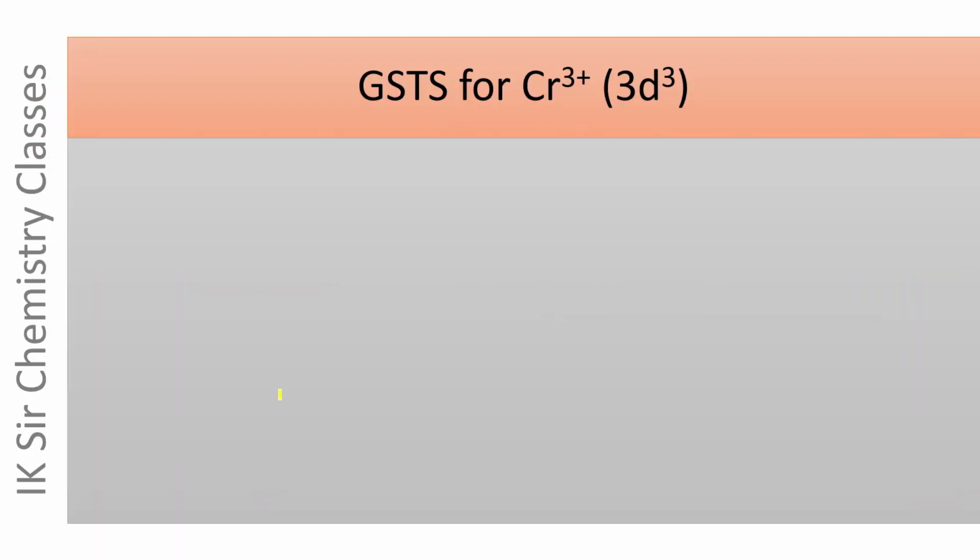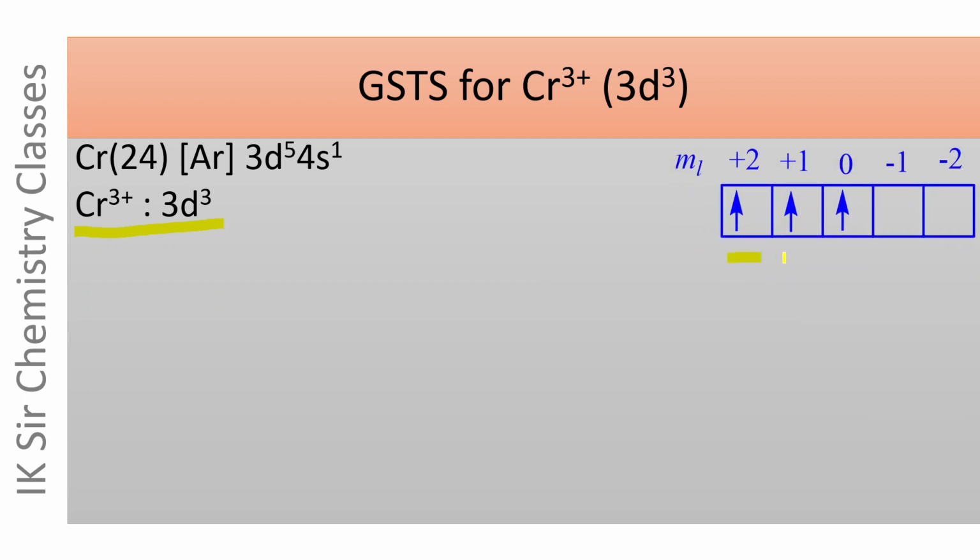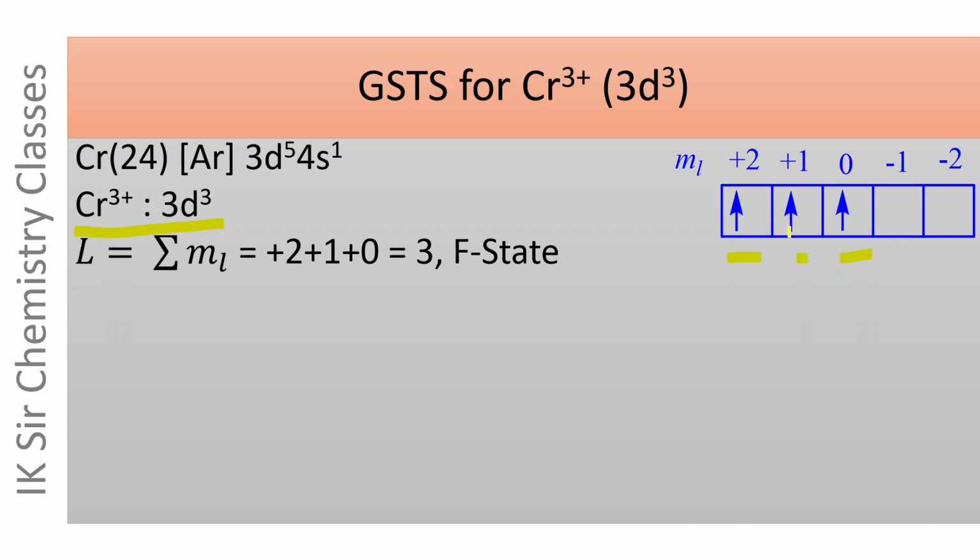The same process can be performed for the determination of ground state term symbols of other transition metal ions. Chromium triple plus ion has electronic configuration 3d³. There are 3 electrons in the d subshell. Capital L is 2 + 1 + 0, it is equal to 3, F state.